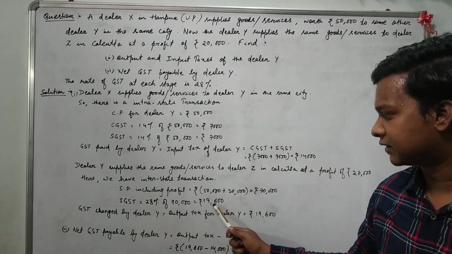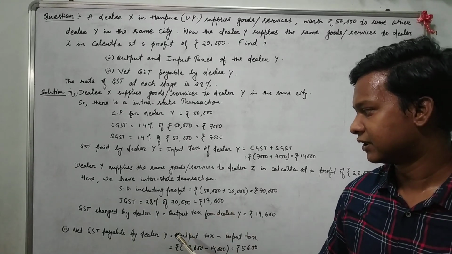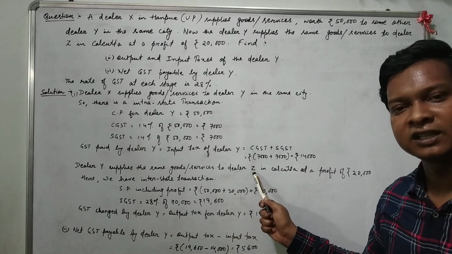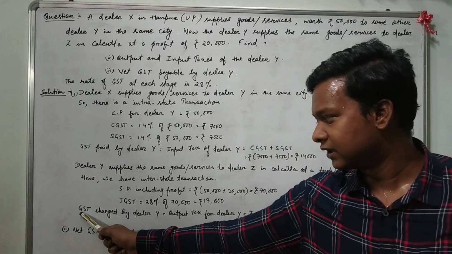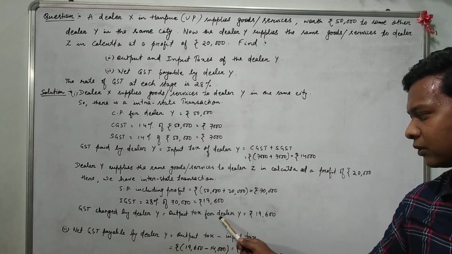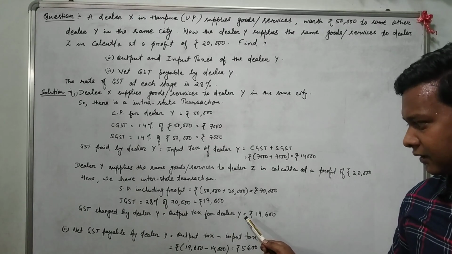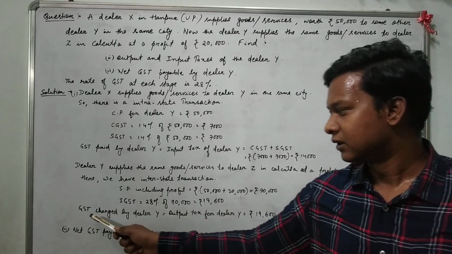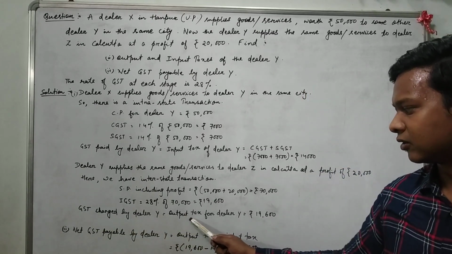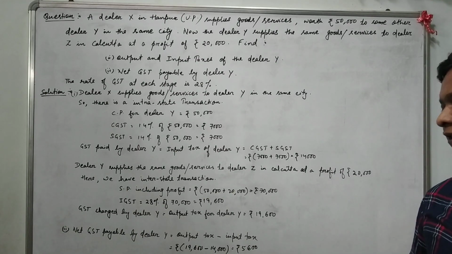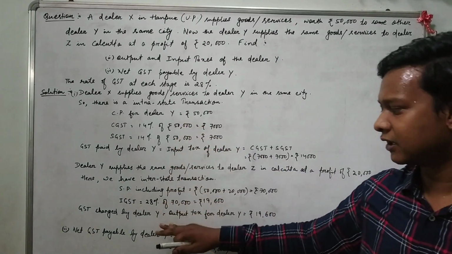This 19,600 is charged by dealer Y to dealer Z. So, GST charged by dealer Y is equal to output tax for dealer Y. These things I have already explained in the last video. So, GST charged by dealer Y is equal to output tax for dealer Y, equal to rupees 19,600. I think it is clear now.